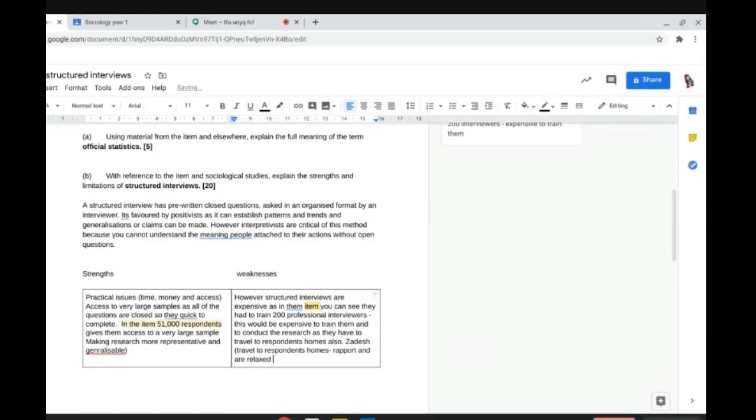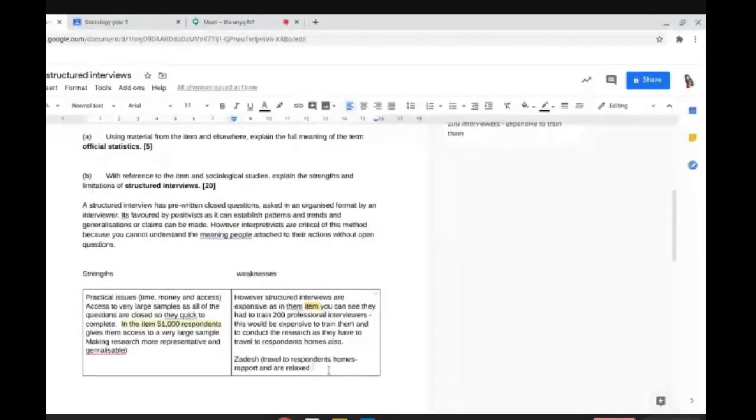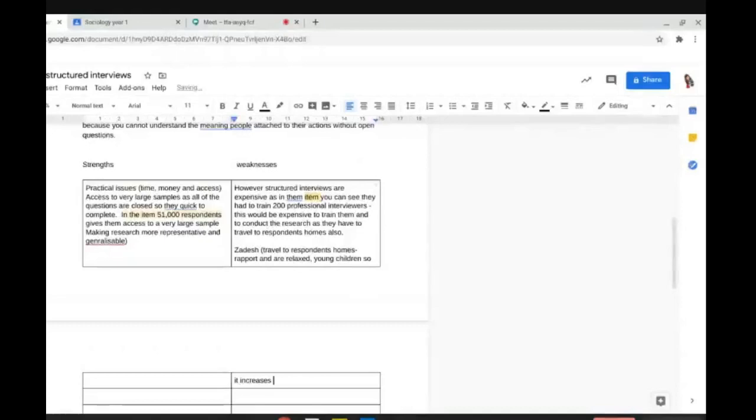So she travels to their home because she can build a rapport or relationship, so that they feel nice and relaxed, and also they have young children, so it increases her response rate. The only way to really use the items is when you're planning the 20-marker, it just clicks. You go, oh, she did them in their homes. I'll add it in there.